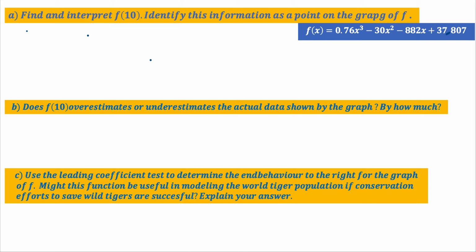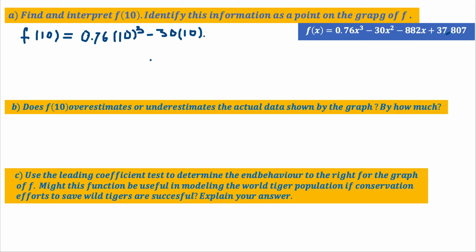So now let's take a pen, and we are plugging in f of 10. We already have the function here, but instead of the x, we are plugging in 10 because we want to know how many tigers there were in 1980. So here is 0.76 times 10 cubed, and then minus 30, and instead of the x squared, I am plugging in 10 squared.